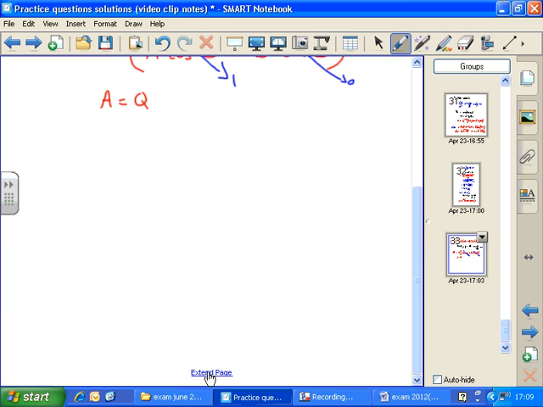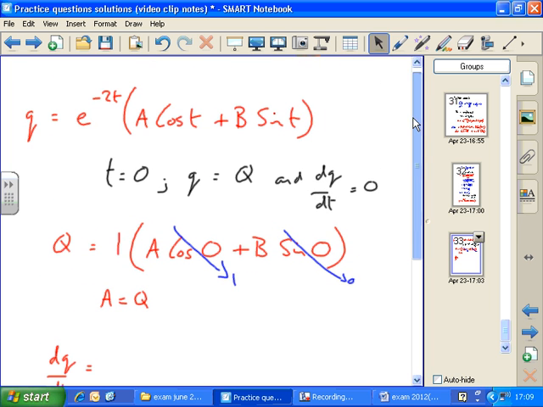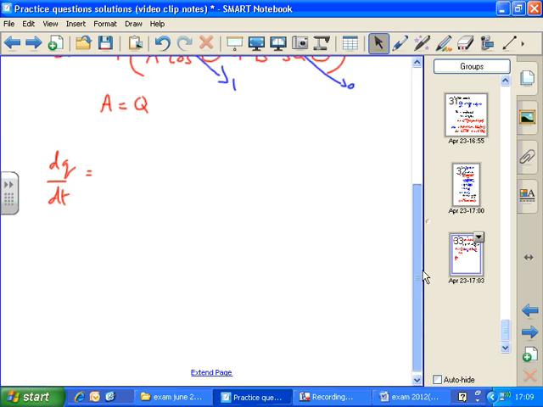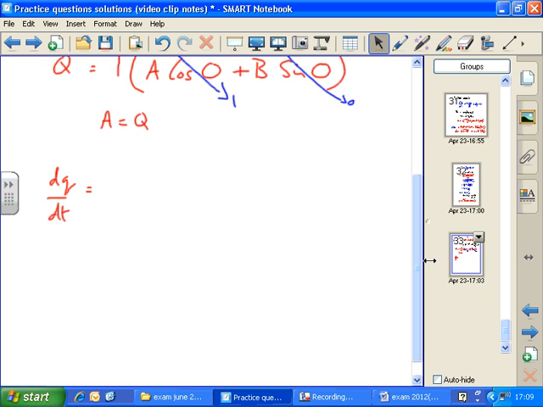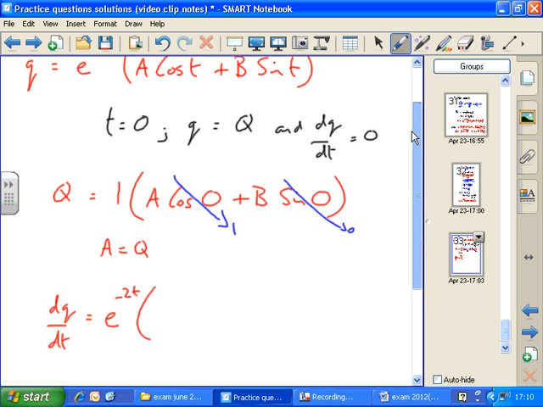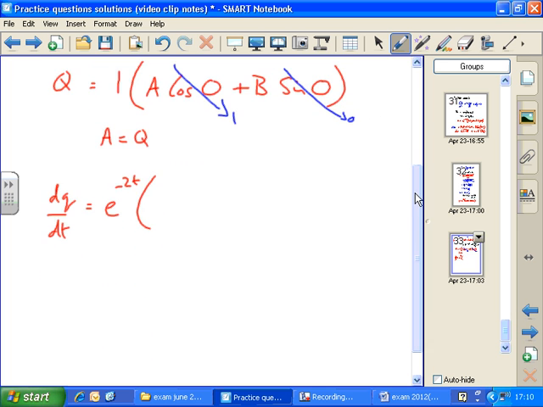dq by dt equals, so if we let in the original function this part equal u and this part equal v, the product rule tells us the differential is the first part u times the differential of the second plus the second part times the differential of the first. So just writing down the solution, this gives us the first part, e to the minus 2t, times the differential of the second, which is going to be cos becomes minus sine, so it's minus a sine t.